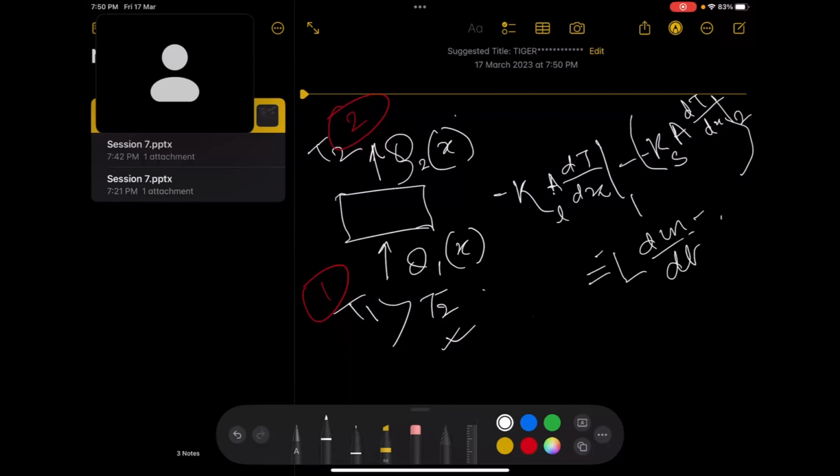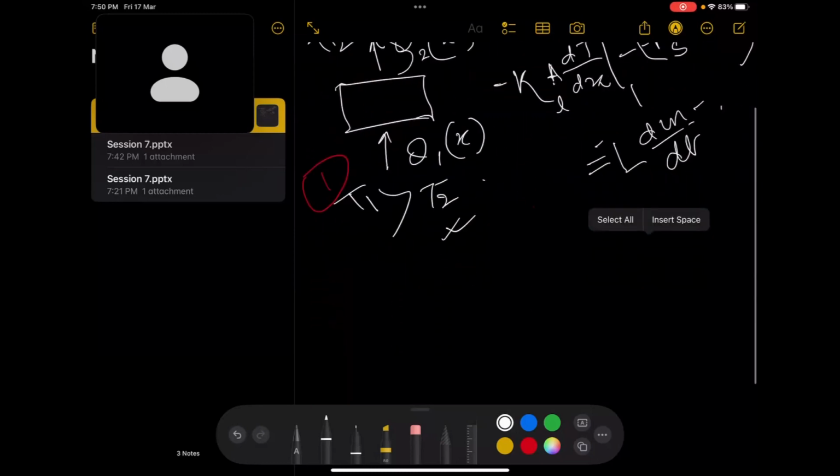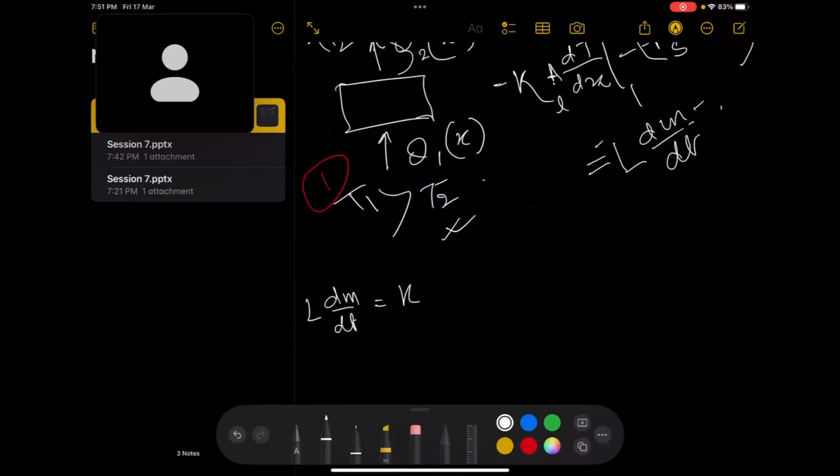So if you want to rearrange this equation, what does it become? This becomes L dm/dt being equal to the heat transfer rate at the solid side minus the heat transfer rate at the liquid side.